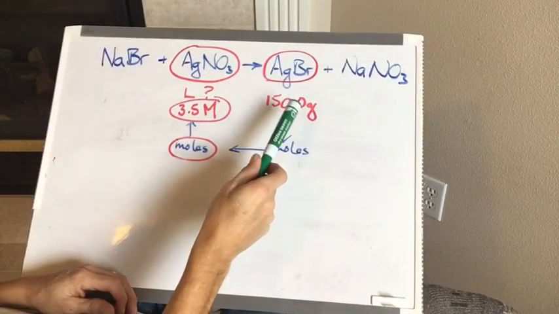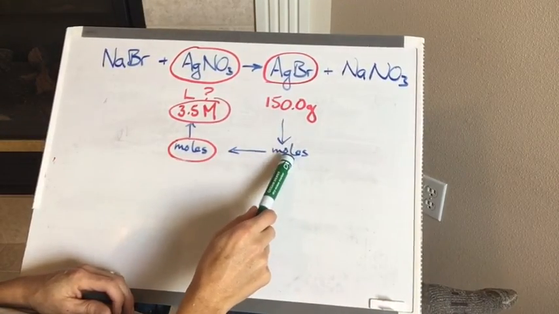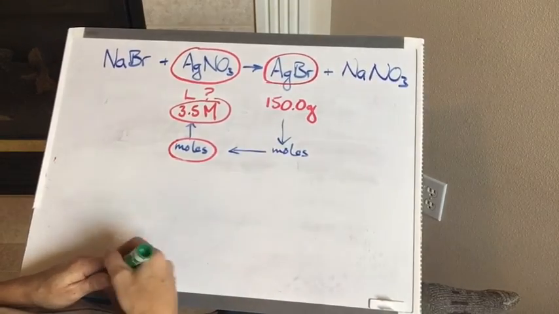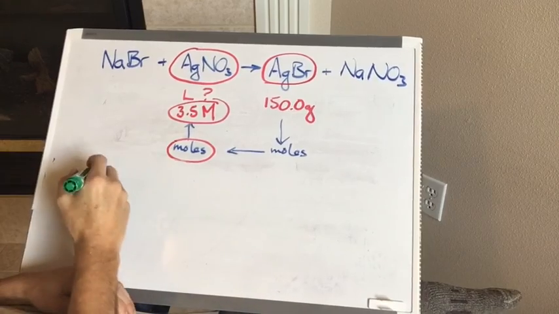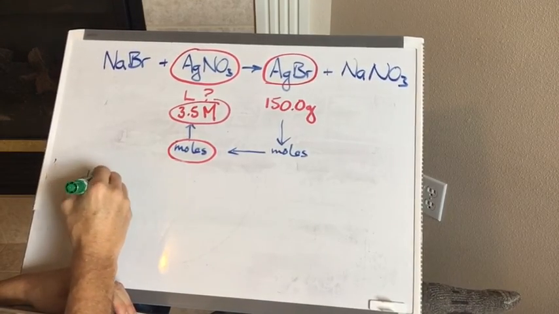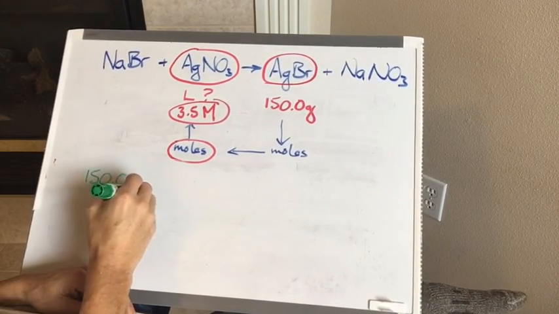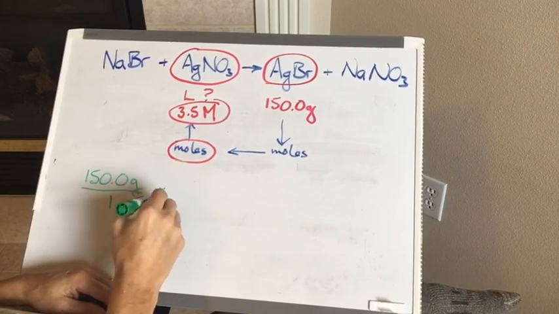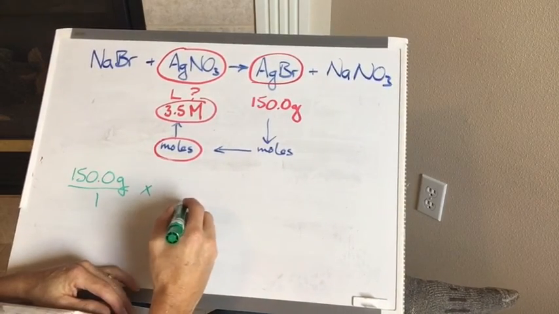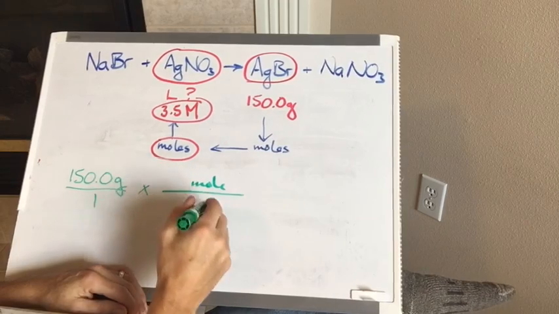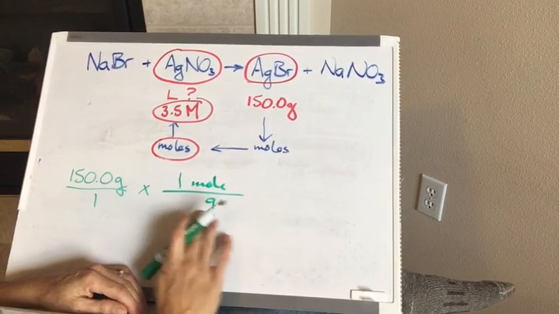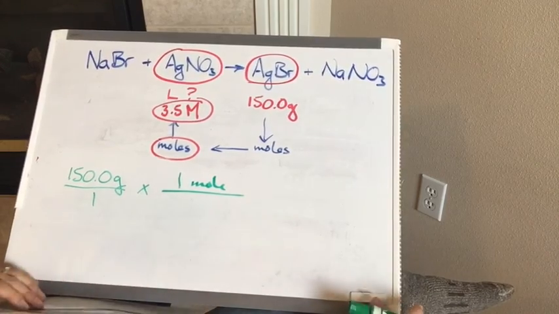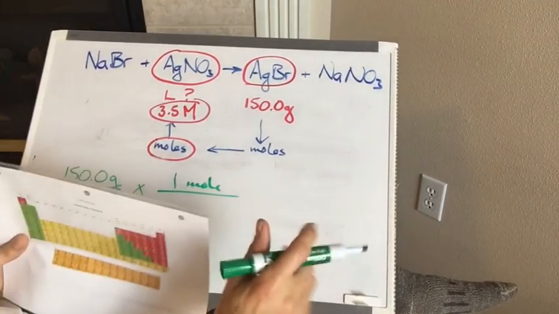If you're still having trouble with figuring out how to get to moles from grams, let me run through that real quick in a different color here. Essentially we have 150.0 grams over 1 times, well, how many grams are in 1 mole? We get that from the chart.